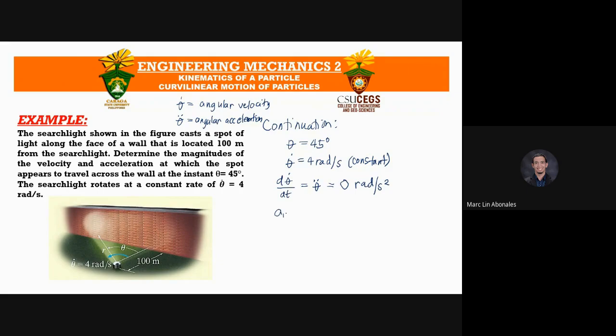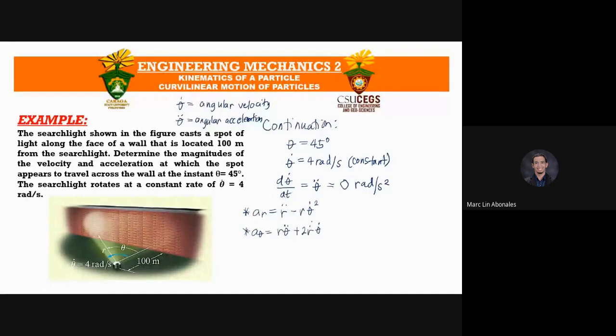So our radial component of the acceleration, a_r, is r double dot minus r theta dot squared. And the transverse component is r theta double dot plus 2 r dot theta dot.